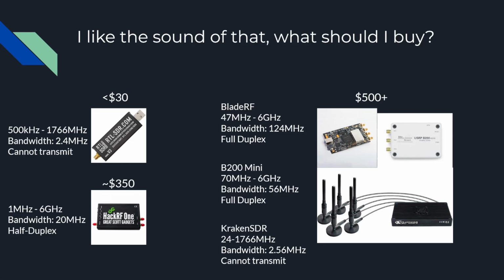The other ones on the right-hand side, like the USRP B200 and the BladeRF, are definitely going to be in the more expensive ranges, $500 up to, I think the B200 Mini is $1,000 or $1,200. They're pretty expensive.